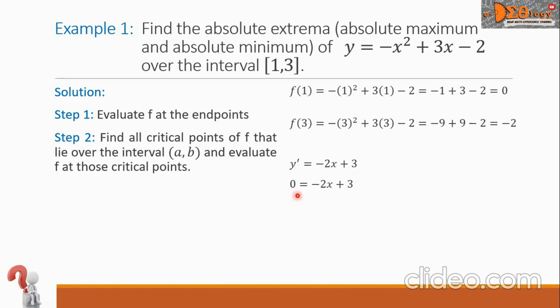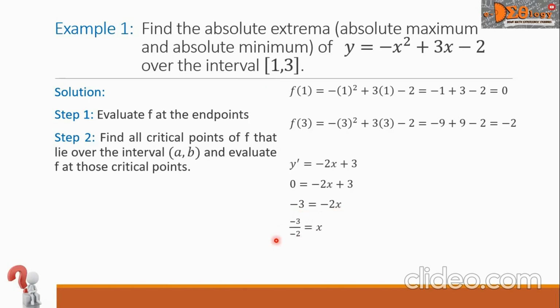So we have 0 equals the right side member of the equation. Now let us solve for x. The positive 3 we will transpose to the left side. We have now negative 3 equals negative 2x. Let us isolate x by dividing the equation by negative 2.